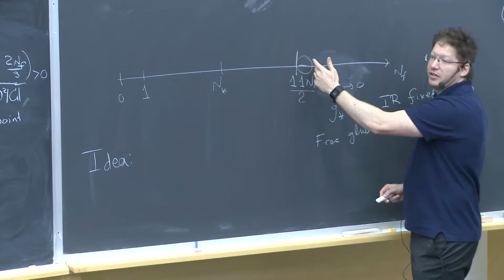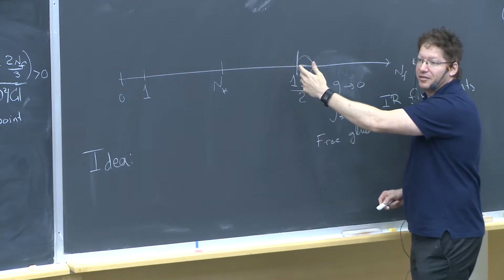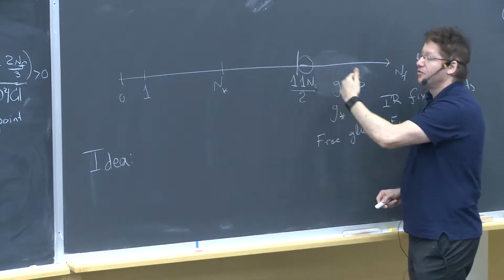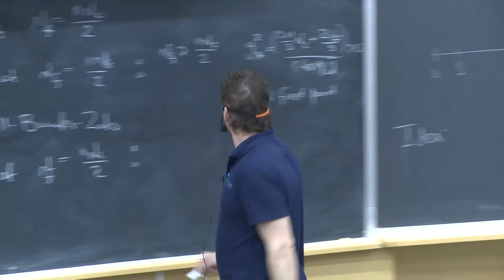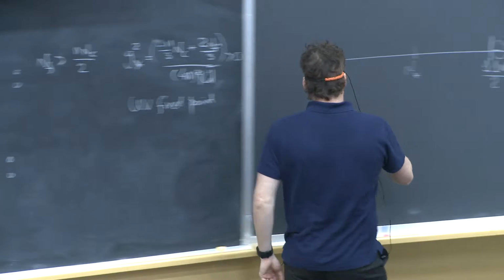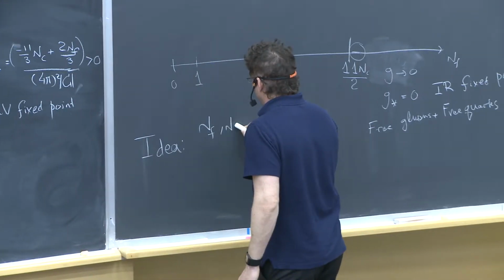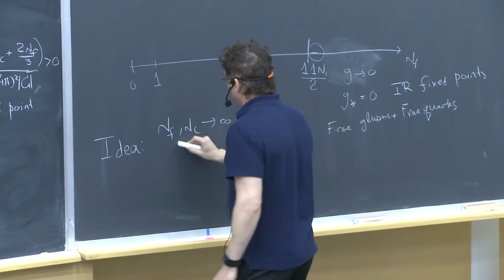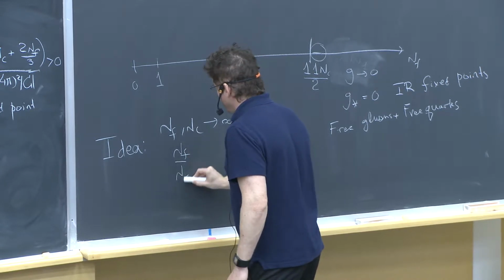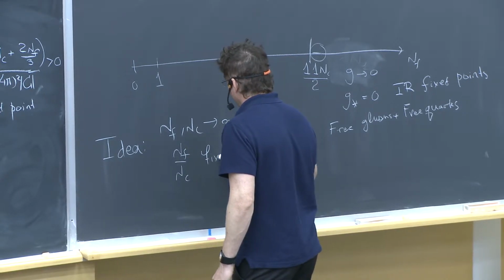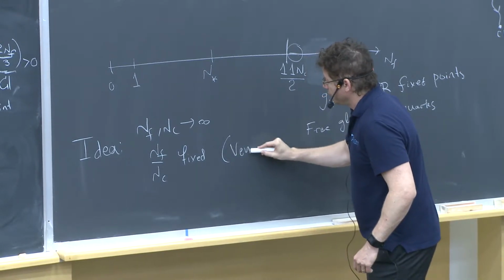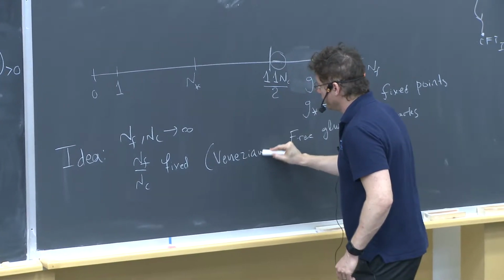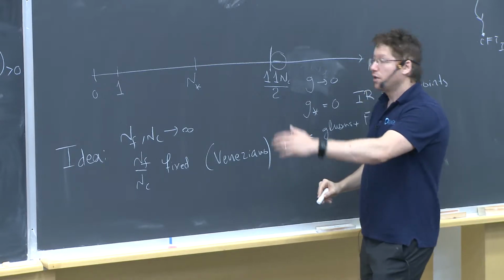And n_f could be 17, but it can't be closer to 16.5 than 17, right? You can't make n_f 16.6. But if you take n_f and n_c to be very, very large, and you keep the ratio fixed, which is sometimes called the Veneziano limit, then in this limit you can get arbitrarily close to this window.